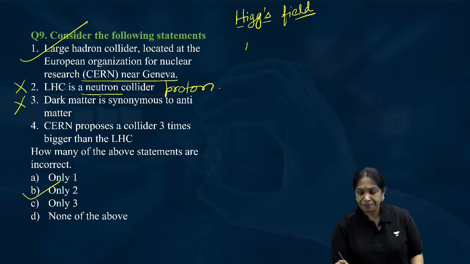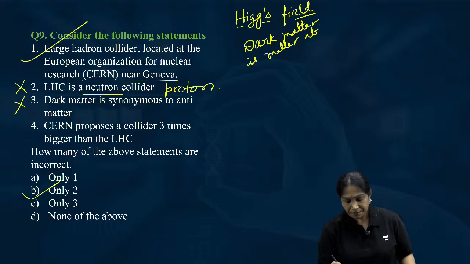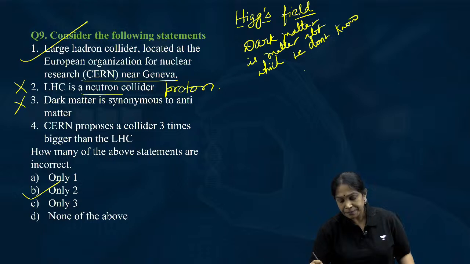Dark matter is the matter about which we do not know, whereas antimatter is different. Yes, I am explaining that.